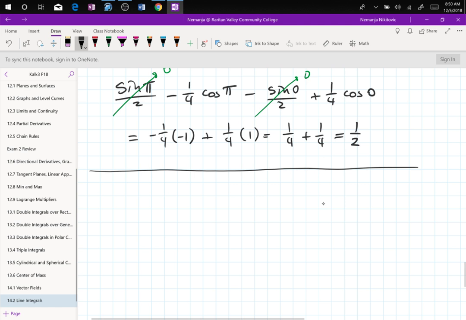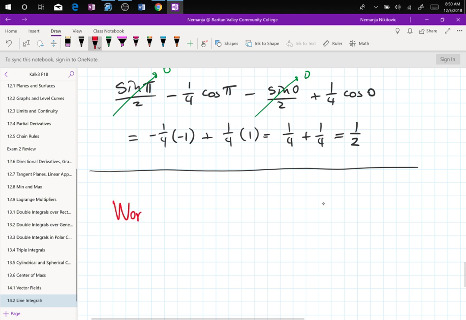So the work integral will be another example of what we have, and the force could be given to us by a vector field. So let's take a look at one of the applications. Let's write it in red.